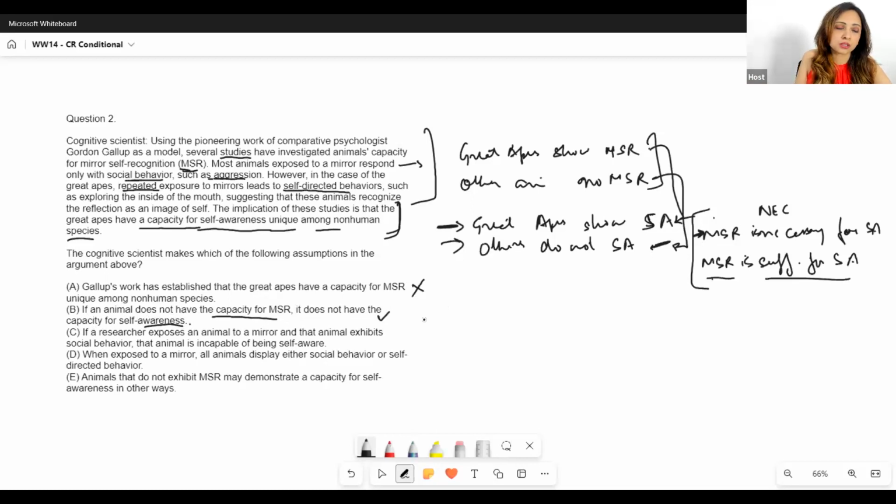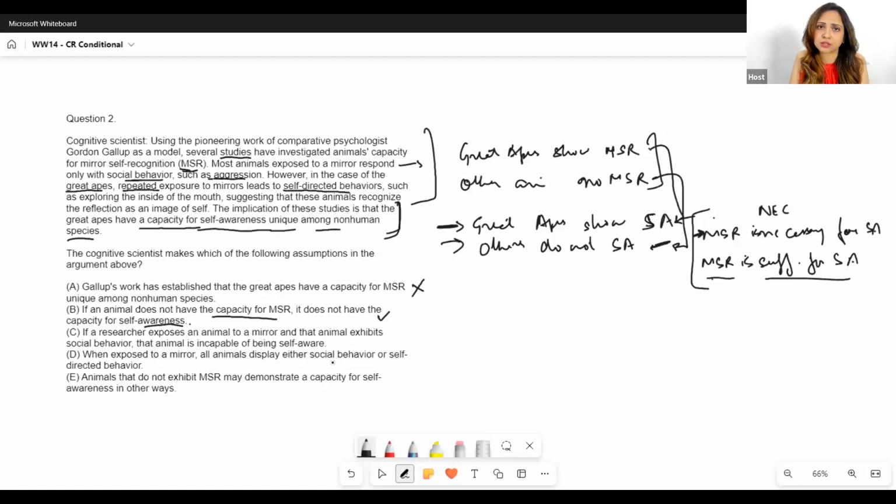Okay, let's look at the other options also. If a researcher exposes an animal to a mirror and that animal exhibits social behavior, that animal is incapable of being self-aware. Look, you might feel that this is an assumption, but it is not. The argument tells us that upon repeated exposure, great apes show self-directed behavior. So it is possible that the first time the great apes were put in front of the mirror, they showed social behavior.